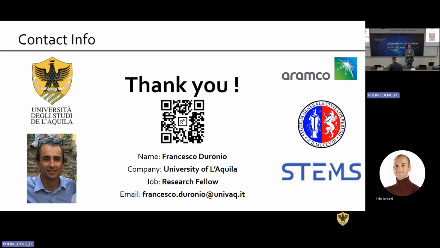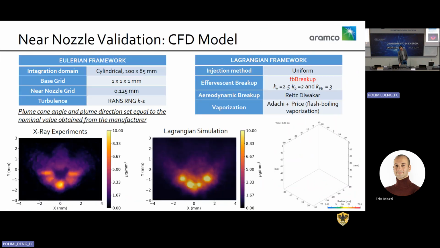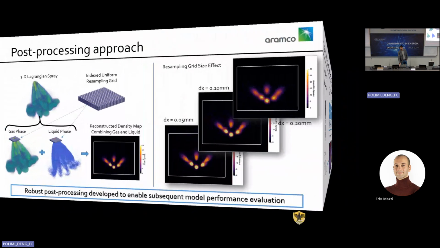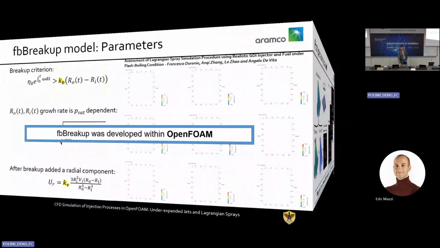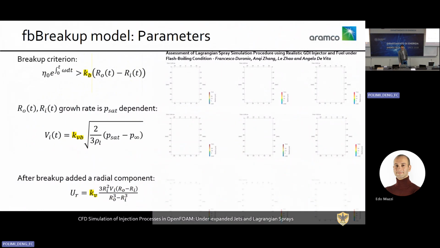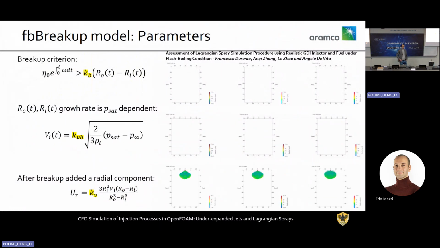So thanks for the presentation. I have one question. If you go back to the criteria of the breakup for the flash boiling, very nice finally with the game of flash boiling. It's a nice topic. Can you go to, yes, that one? I see that using as criteria, the breakup is proportional to the difference of the radius. So assuming that the peripheral length is the criteria actually.